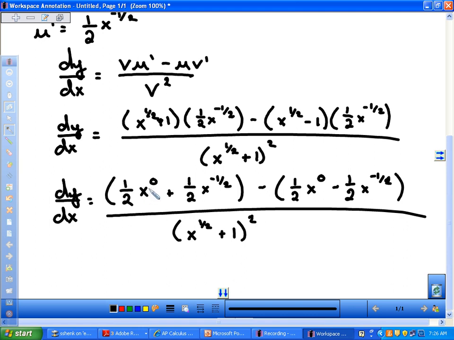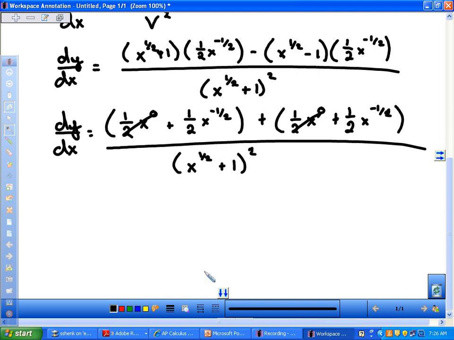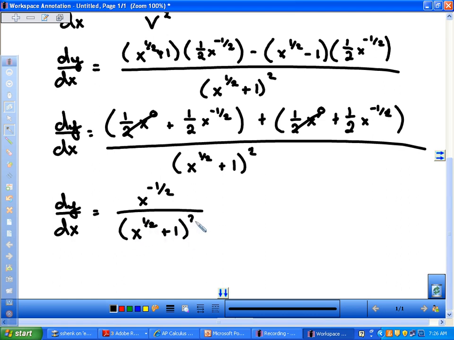Anything to the 0 power is 1, so this is really 1 half, but over here we're subtracting 1 half, so 1 half minus 1 half, what's going to happen to those? They're going to knock each other out. Minus a negative becomes plus a positive. So 1 half plus 1 half is 1. So we get dy dx to be x to the negative 1 half over x to the 1 half plus 1 squared.